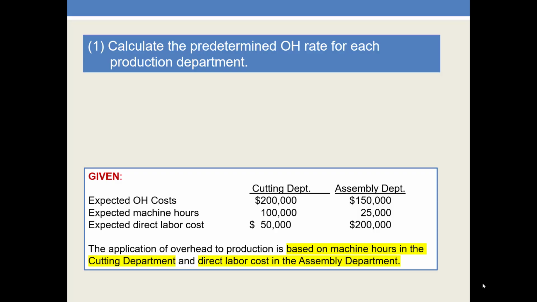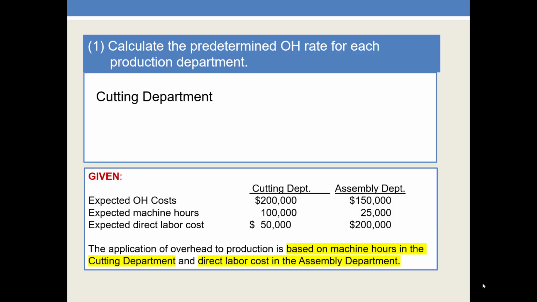Now you can see that we're given the overhead cost, and we're also reminded that the cutting department uses machine hours, the assembly department uses labor cost. So our overhead rate for the cutting department will be computed by taking the $200,000 of overhead cost divided by the 100,000 machine hours, and we get $2 per machine hour.